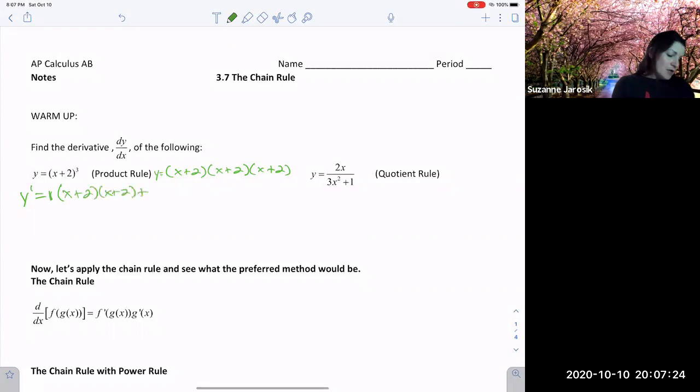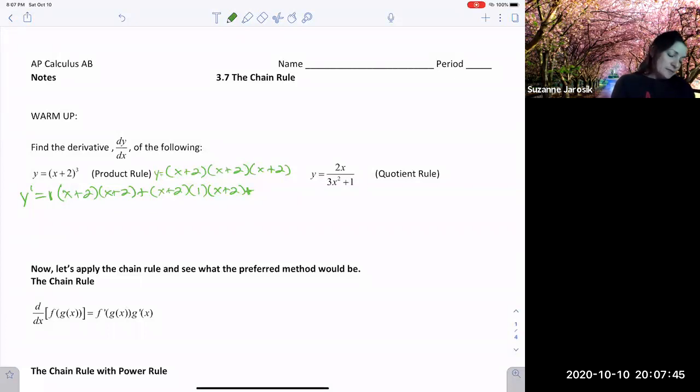Okay. So just to show that I am taking the derivative of one part at a time, this is the derivative of the first part, leaving the other two alone, plus the derivative of the second part, leaving the first one alone and the third one alone.